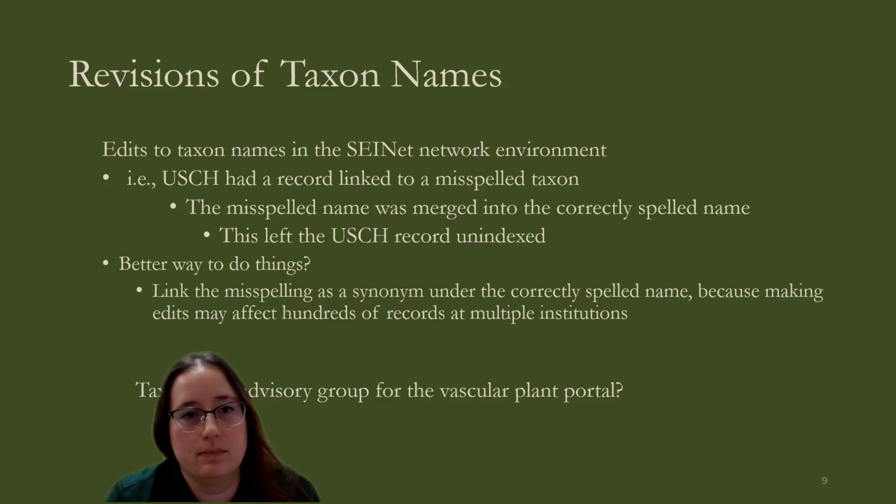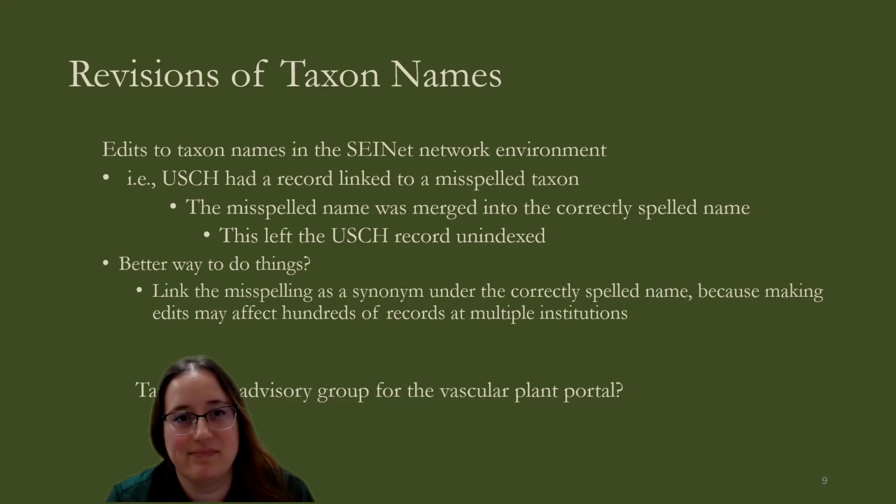It was designed to allow records to be discoverable within a taxonomic hierarchy. If you have a name that is linked to a name in your taxonomy table, then whenever that name is searched, those records will come up, even if they have a different name on the label. So it's a data discoverability thing.